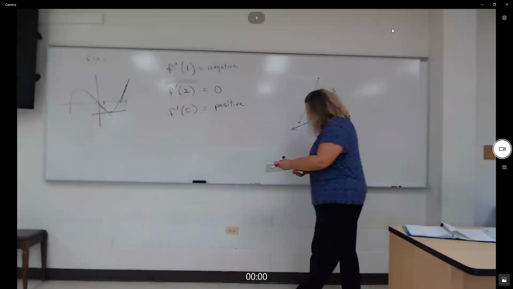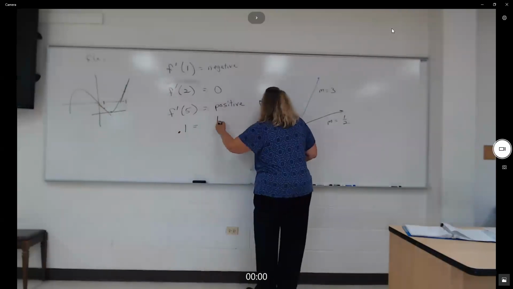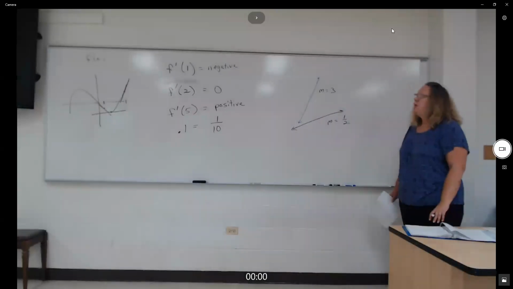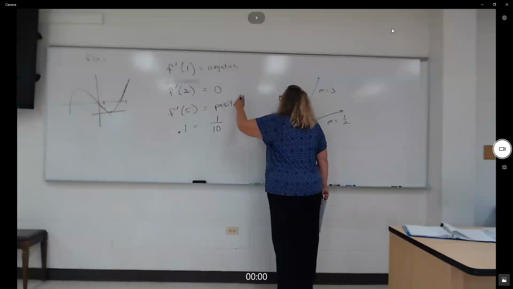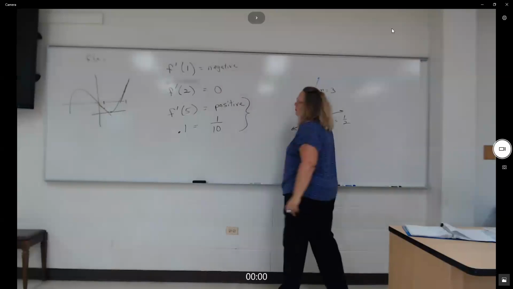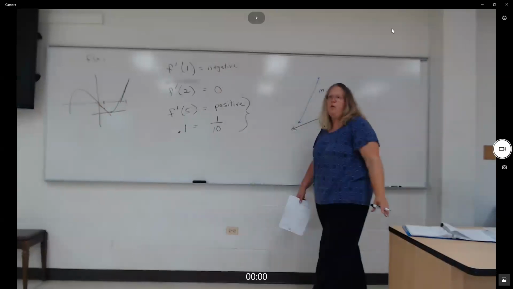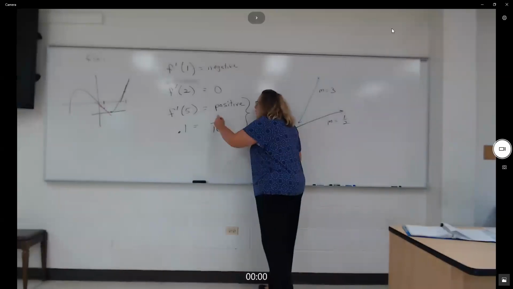All right, and then you just give us a random number 0.1, which is 1/10. 0.1 is the same as 1/10. So this is negative. This is definitely going to be the smallest, and then comes 0. So we have these two numbers that we're comparing. They're both positive. This isn't necessarily a slope.